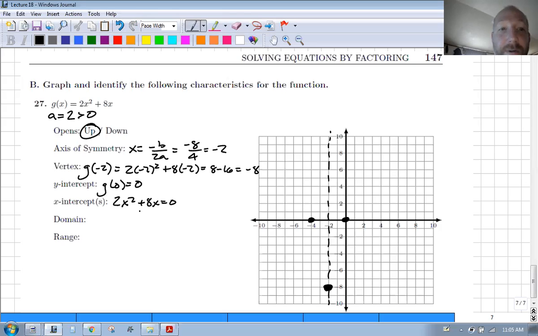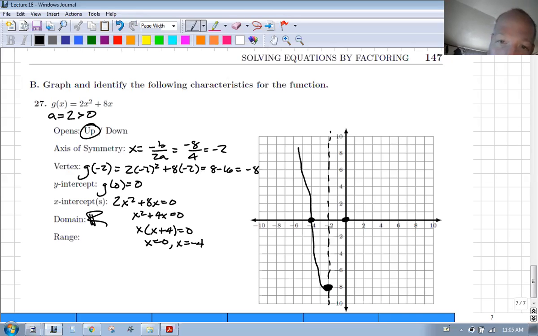If we factored out a 2, we'd have an x squared plus 4x equals 0. If we factor out an x, we get an x plus 4. So we can see either x is 0 or x is minus 4, which is exactly what we have here. Domain, all real numbers. The range, well, it goes down to negative 8 and goes up to positive infinity. Any questions?